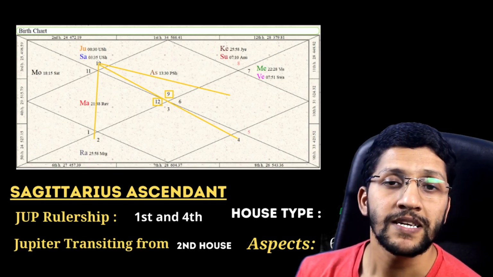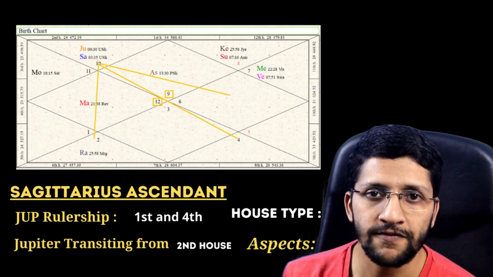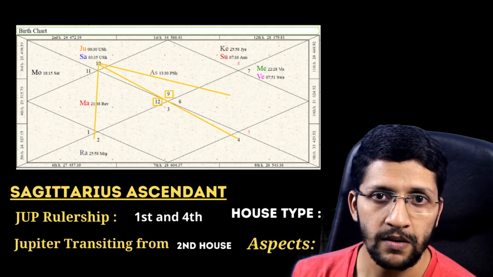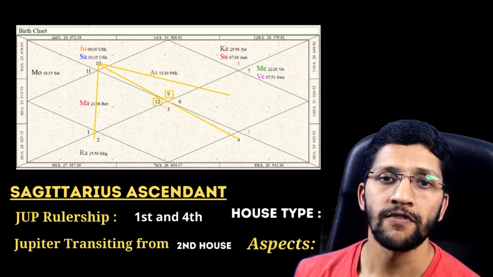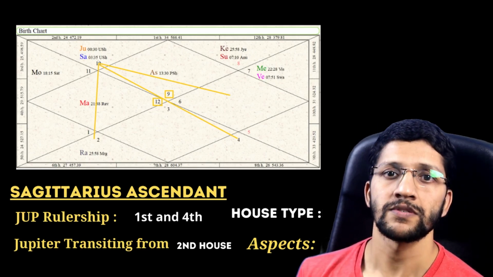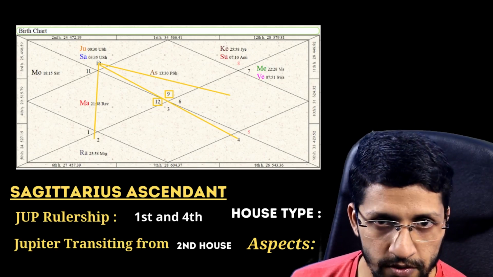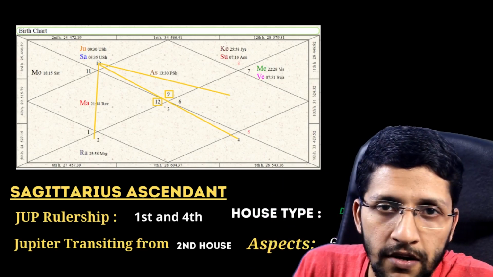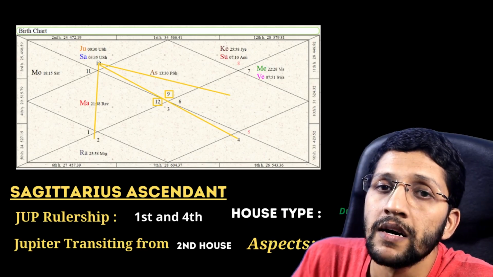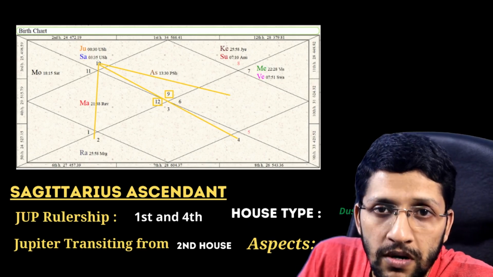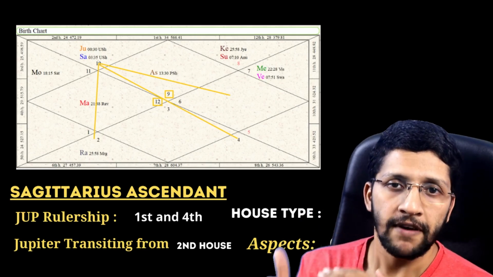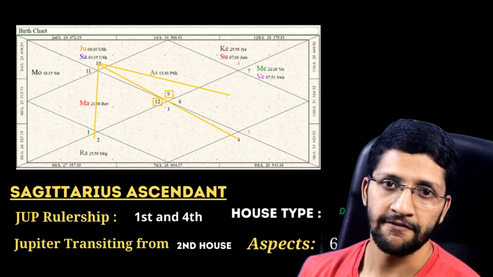Next, it is aspecting the sixth house, again the house of wealth. Sixth house is the house of Artha Trikona houses, which is also the Upachaya houses, which grow with time. So this positive impact of Jupiter will make you work to get that financial stability in life.